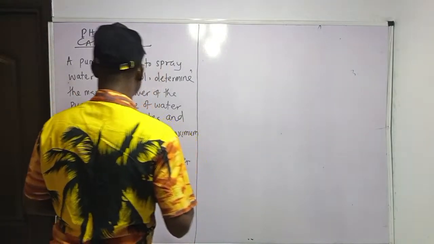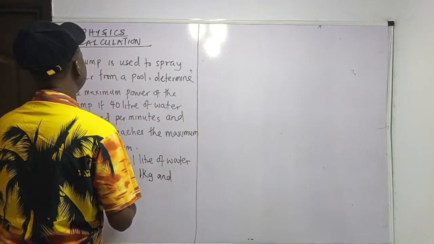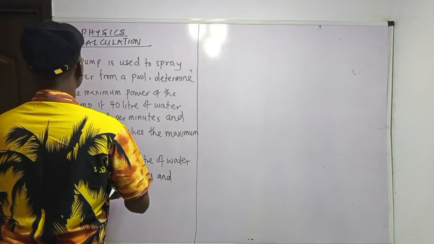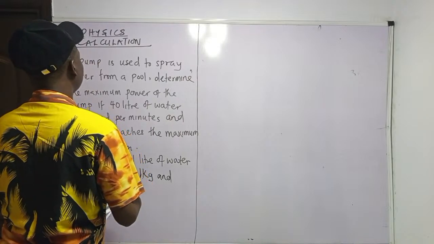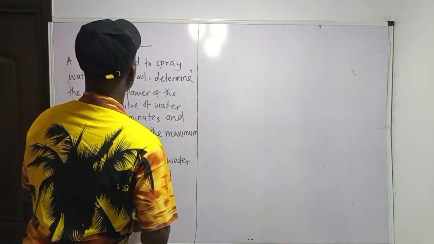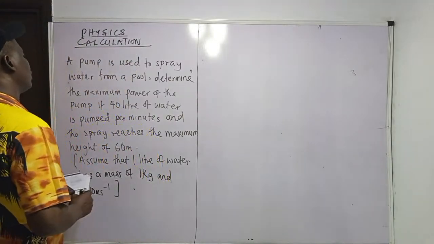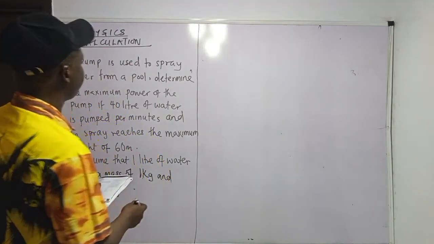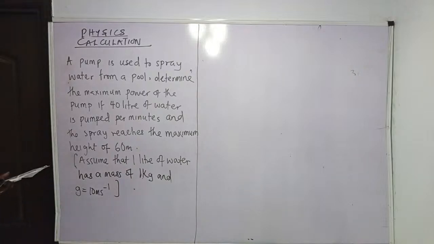Now, in this question, as they said, the pump is used to spray water from a pool. Determine the maximum power of the pump if 40 liters of water is pumped per minute.